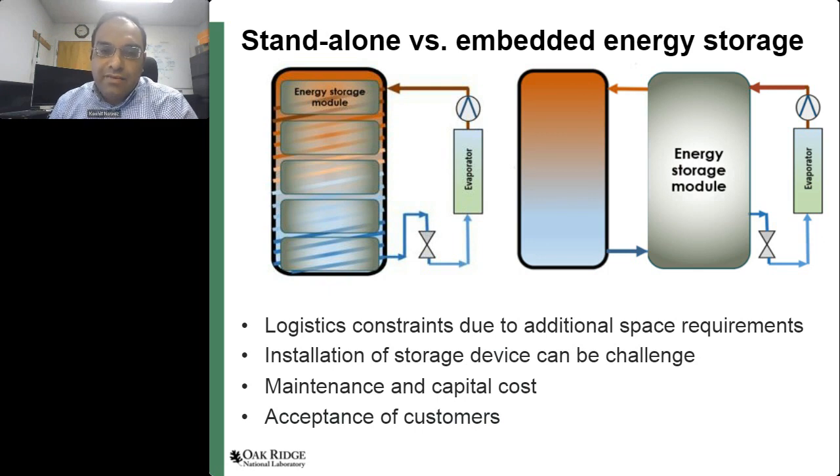This device will act as a connection between the heat pump and the storage tank. This is more like a conventional approach, where there have been a lot of developments in which people have considered a storage tank consisting of PCM, which can be used to store the energy. Depending upon the capacity of the material, the volume of this device can be smaller or bigger.